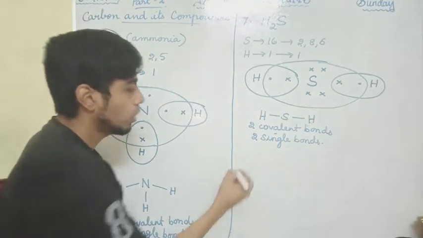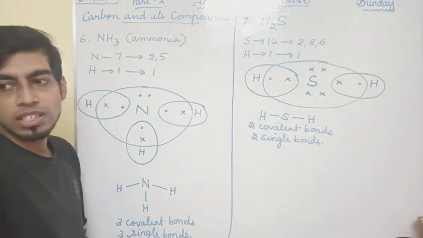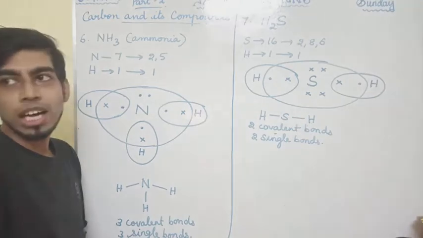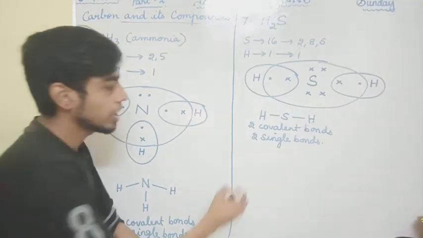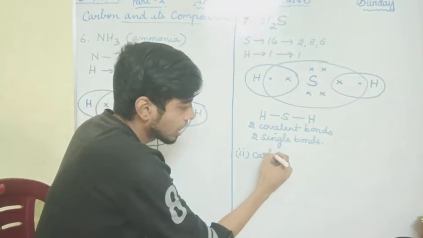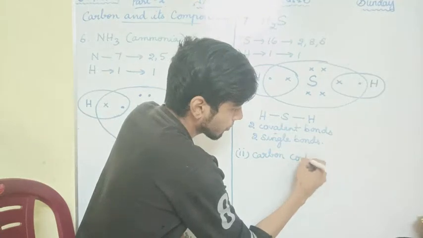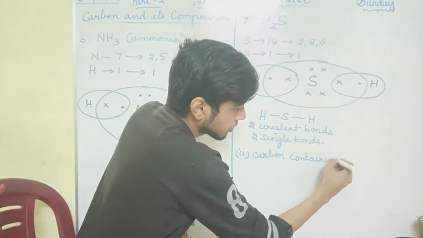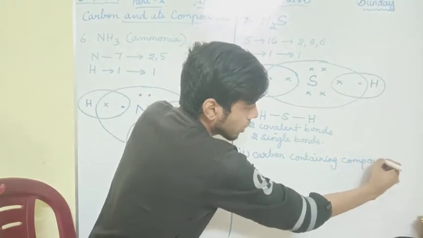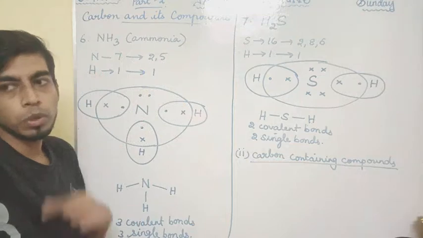Okay, now we have completed the electron dot structures of the non-carbon atoms. So now we are going to draw the electron dot structures for carbon containing compounds.